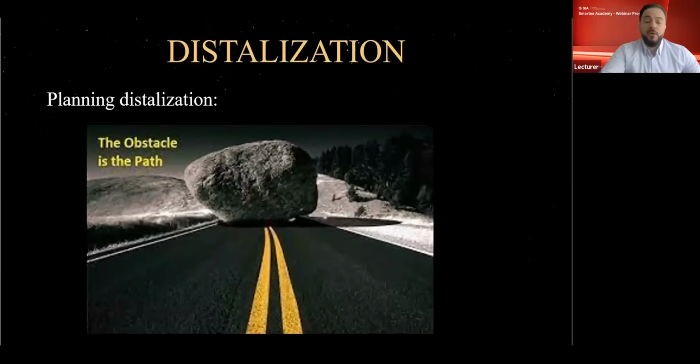So we need to plan the distalization very carefully and avoid any obstacles that we might find in our path, because when we apply distal forces to the maxillary molars, we are expecting side effects, not only distal tipping of the molars, but also proclination of the upper incisors.